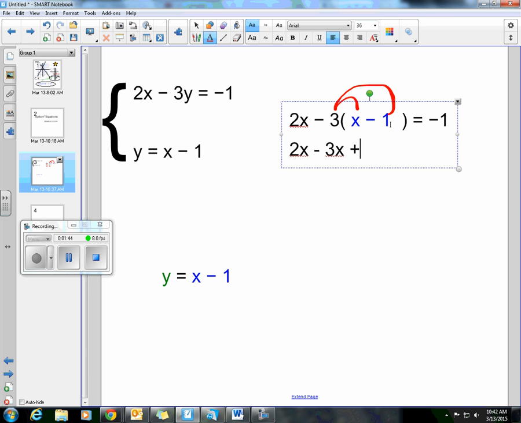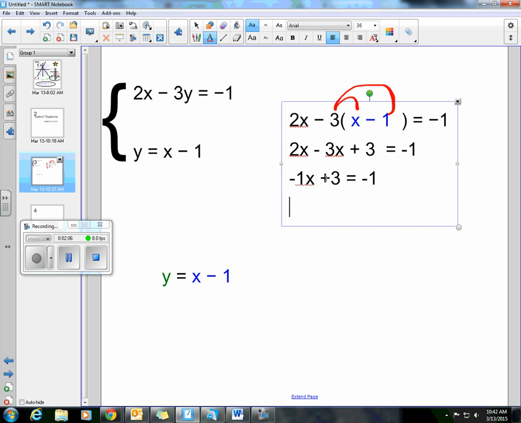So 3 times 1 is 3. And then we're ready for our equals negative 1. So we're going to do some math. 2x take away 3x is negative 1x plus 3 is supposed to equal negative 1.